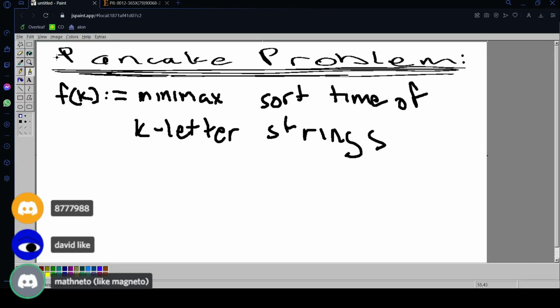Well, Alex, speaking of f, we're gonna find f of k to be the min-max sort time of k-letter strings.